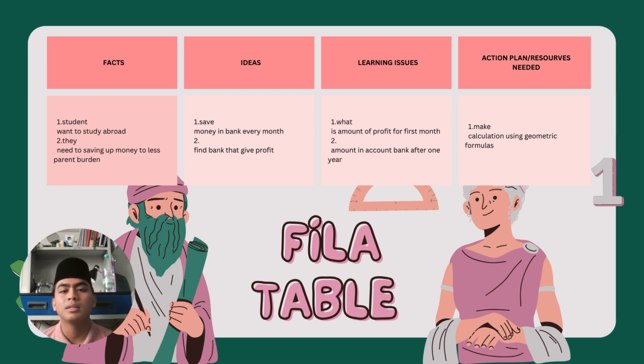The third thing is the learning issue. What is the amount of profit for the first month? And second is the amount in the bank account after 1 year. The action that we can do is to make a calculation using geometric progression formulas.